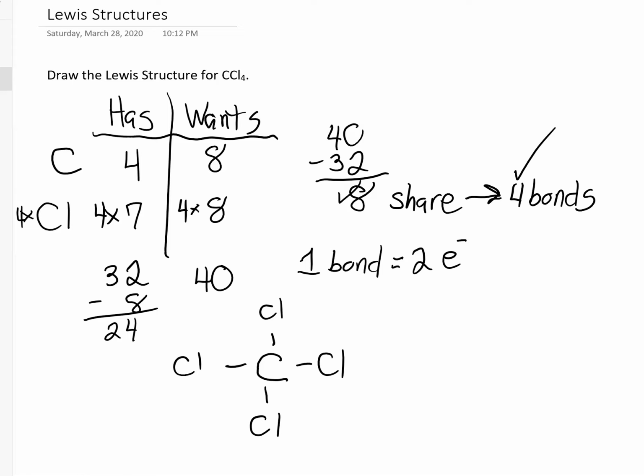I'm going to erase those numbers there for clutter's sake. So we put electrons on each chlorine atom, and we're going to make sure that there's a grand total of 8 electrons surrounding each chlorine. So I'm just going to put 1, 2, 3, 4, 5, 6. And each chlorine wants to have 8. So I've got 6 and 2 more here for 8. So I've taken care of 1 chlorine. I'm going to go ahead and do that for the others.